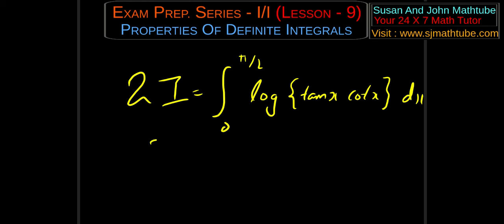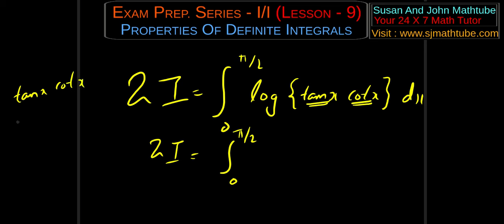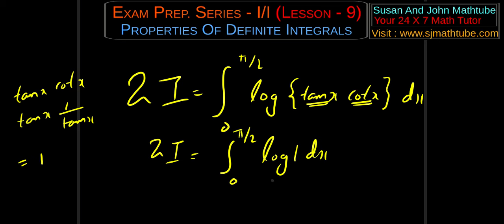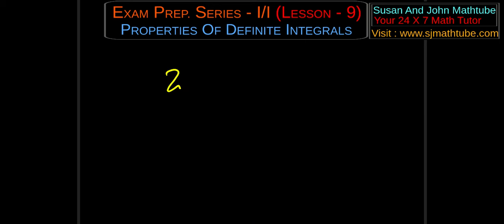By the way, what will be tan x into cot x? Think about it. Tan x times cot x is equal to 1, isn't it? Because cot x is the reciprocal of tan x. Okay, so we get log 1 dx, and I already told you what is log 1. What is log 1? Yeah, 0. So we end up with 0 to pi by 2, 0 dx.